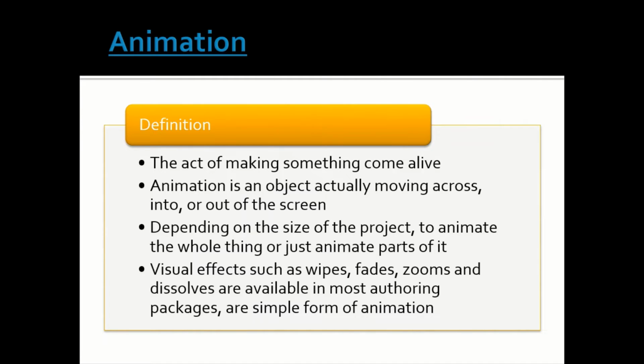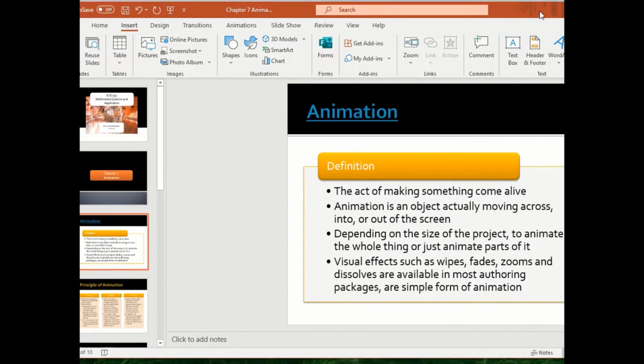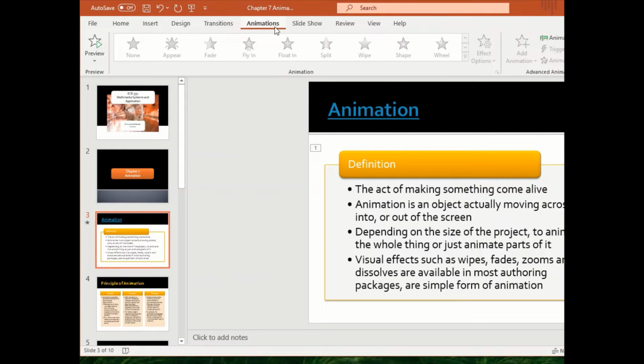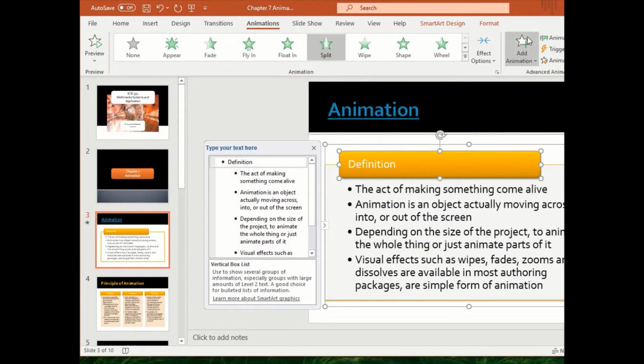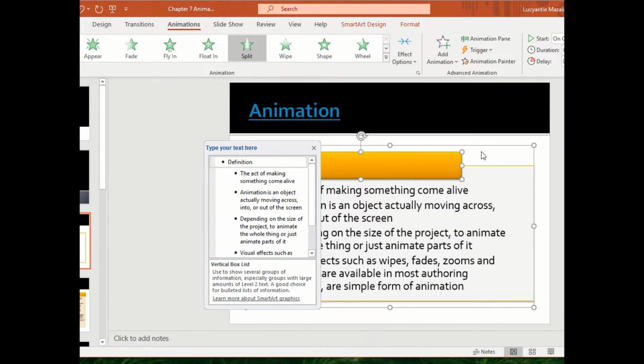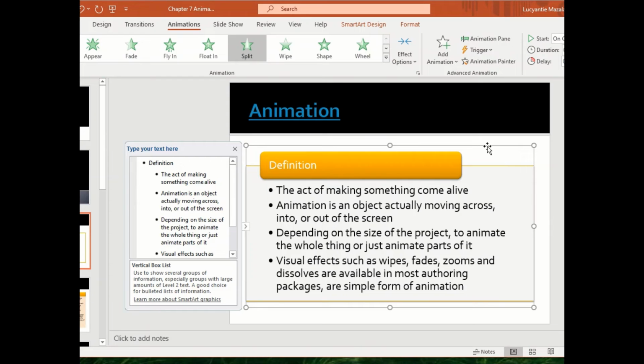So let me just show you an example. If you go to your PowerPoint, you can go to the menu animation and you can animate things. For example, let me just show you. So you can basically animate this part.